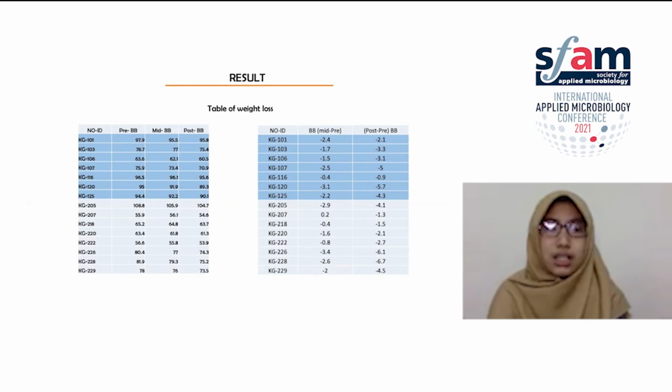So we will see the correlation between the weight loss and the profile of good bacteria in the next slide.